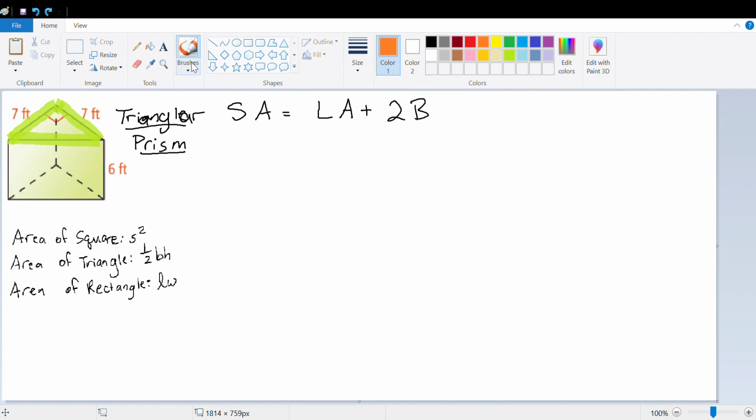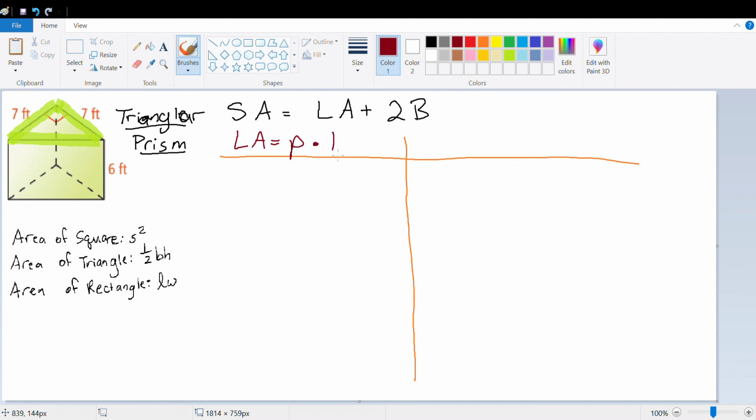Okay, so again, you're going to start off with the same formula. The surface area is equal to the lateral area plus 2 times the base area. Okay, and just like before, your lateral area is going to be made of the perimeter times the height.